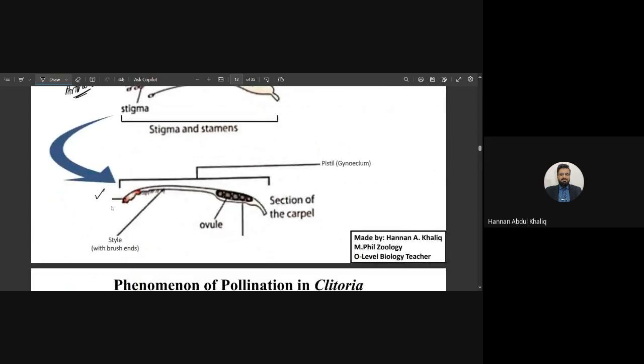The female part has a sticky end, but one more thing you would find here is the brush end.